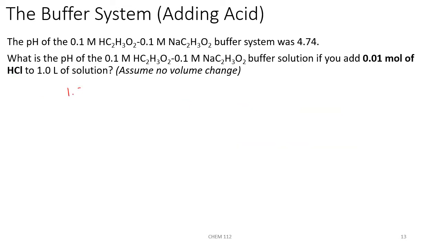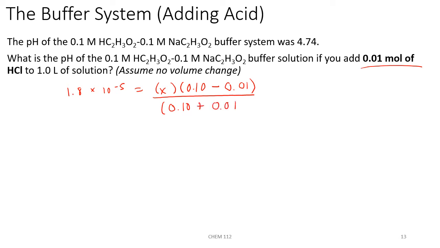So we can rewrite our equilibrium expression. We're going to have 1.8 times 10 to the minus fifth, which is the Ka, equal to X for the hydrogen ion concentration, times we had 0.1 molar initially of our acetate, and it's going to go down by the number of moles of strong acid that we added, so minus 0.01 on the top, over, we had 0.1 molar for our acetic acid concentration as well, but we're going to add the number of moles of strong acid that we added, so plus 0.01.